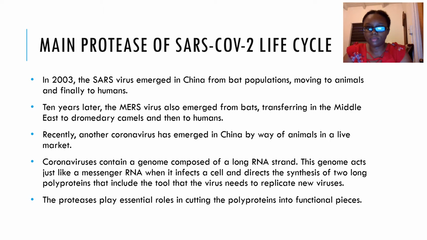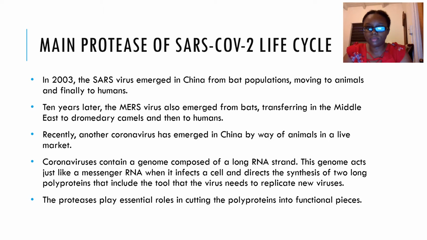So the coronavirus contains a genome composed of a long RNA strand, which is the longest of all RNA viruses. This genome acts just like a messenger RNA when it infects a cell and directs the synthesis of two long polyproteins that include the tool that the virus needs to replicate new viruses.